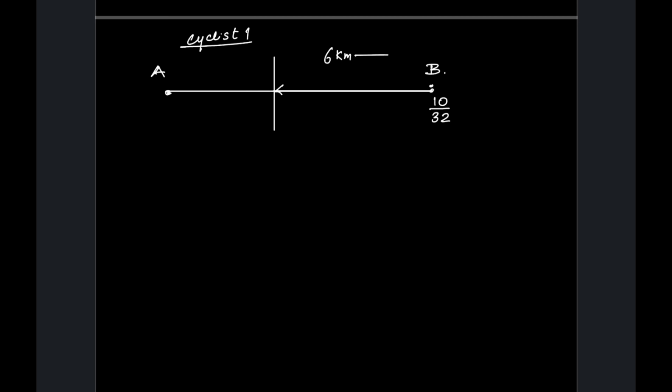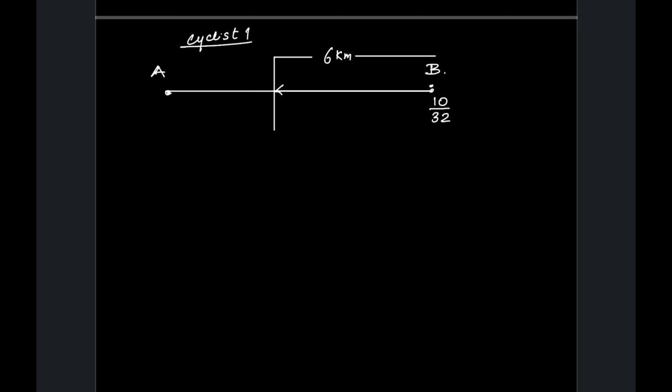Okay, so now we know the wind speed. The same situation again. Cyclist 1 is covering this whole distance. So cyclist 1 will reach here at a time 10 km divided by 32, 32 is his speed, and then he is returning back, and it's given in the question that he is returning for 6 km, and then they are meeting again.